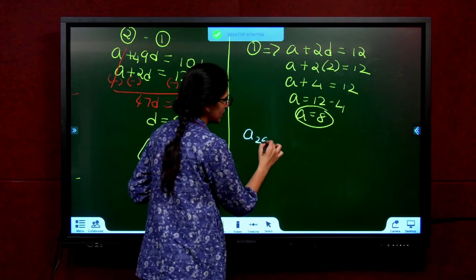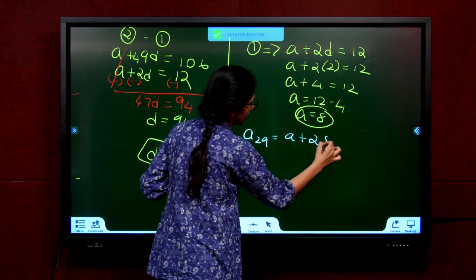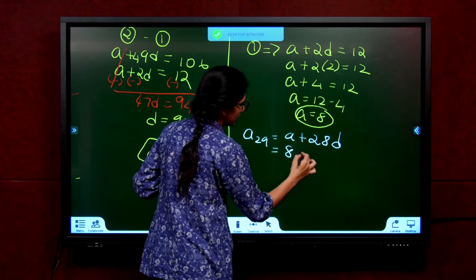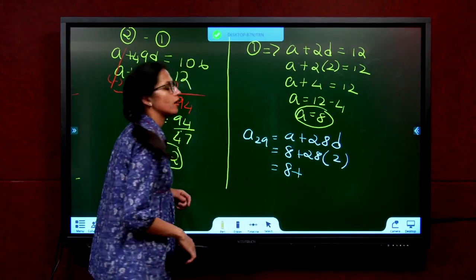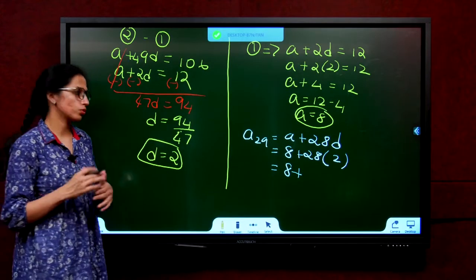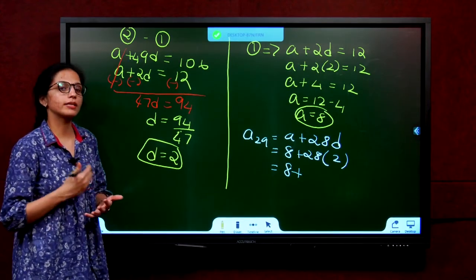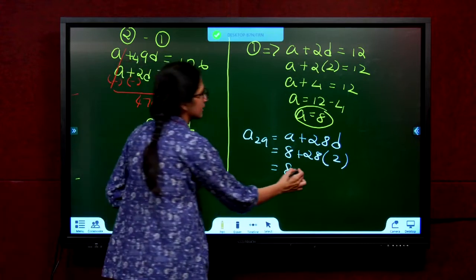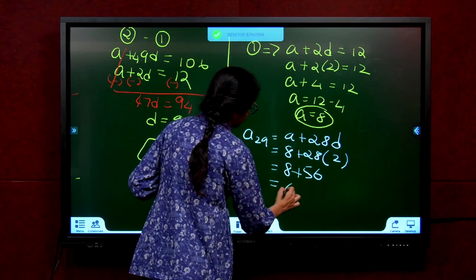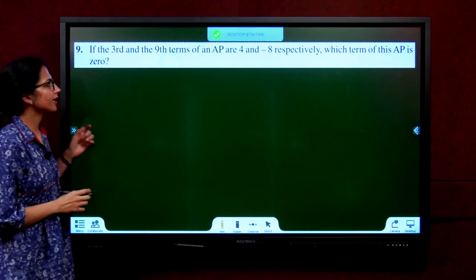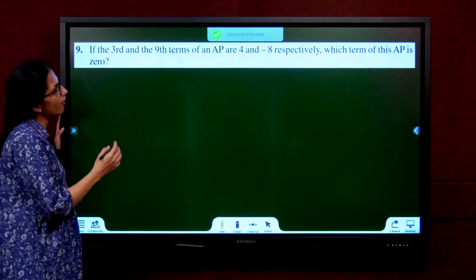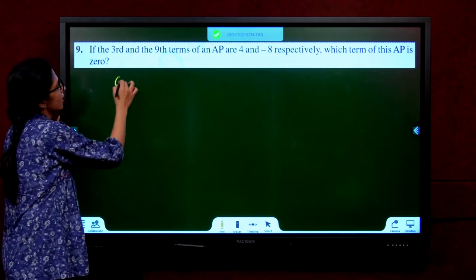What is A29? A plus 28D. 8 plus 28 into 2. 28 plus 28. 56. 64 is the answer.